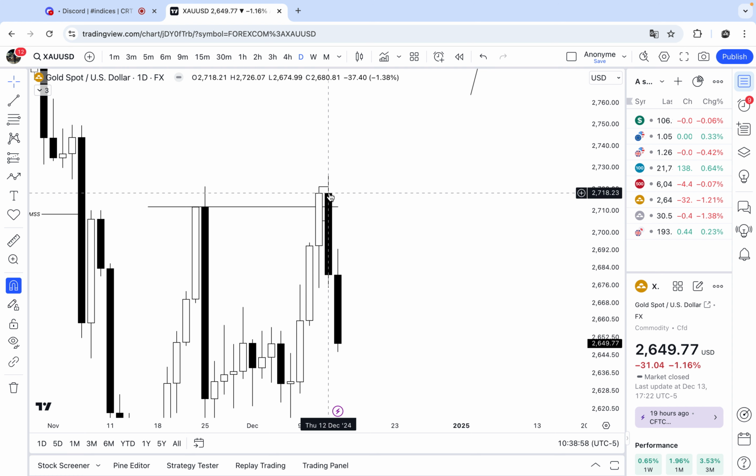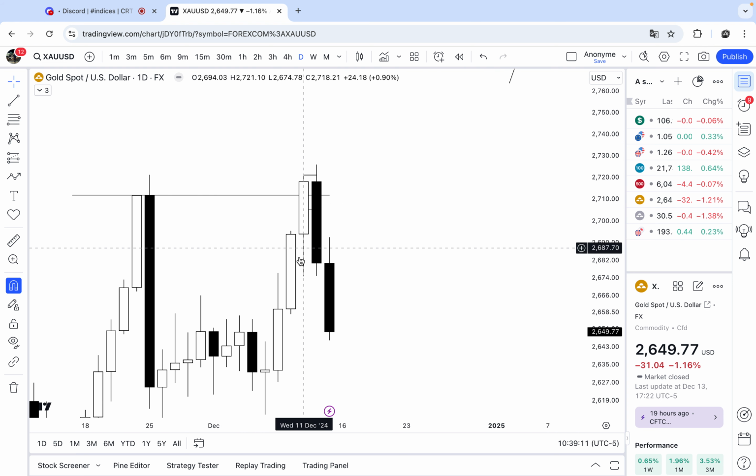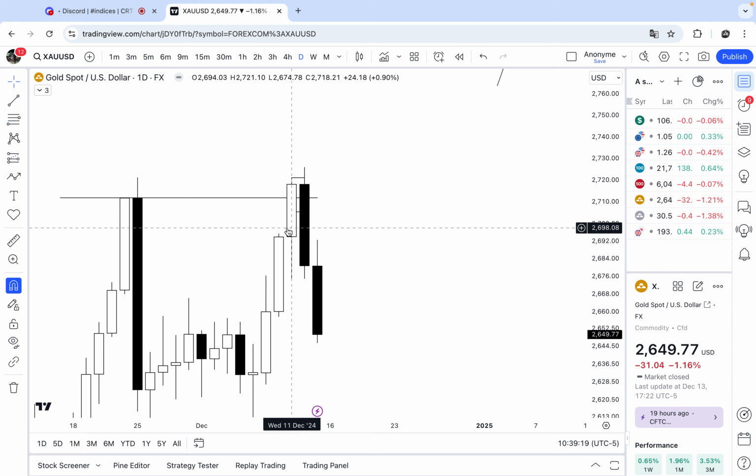Actually, that was my trade on gold, Thursday. That was my trade on gold, literally. See, where I would have been tricked is, what's that bullish candle? What day was that?